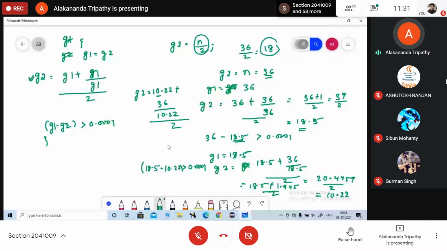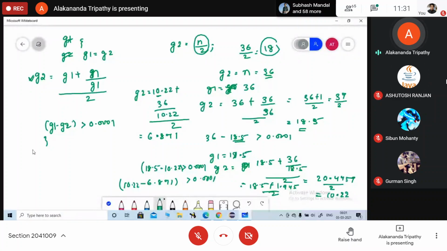36 divided by 10.22 plus 10.22. Ma'am 6.871. Here the answer is 6.871. Again 10.22 minus 6.871. It is greater than 0.001. Yes ma'am.